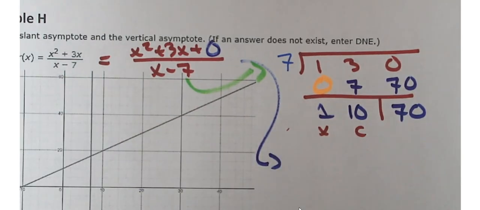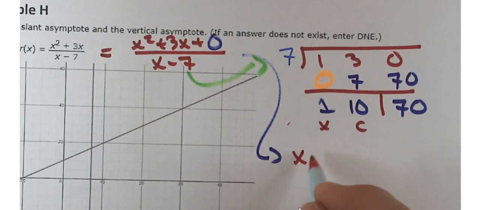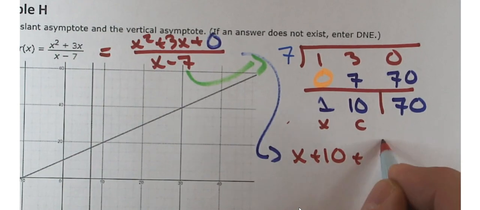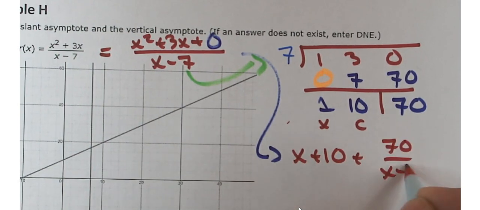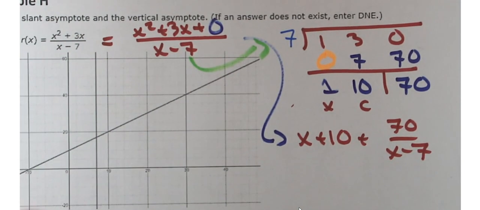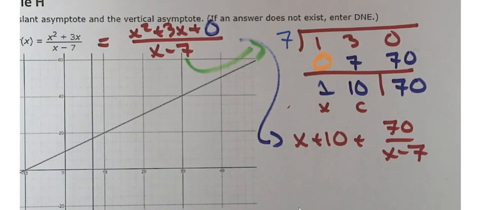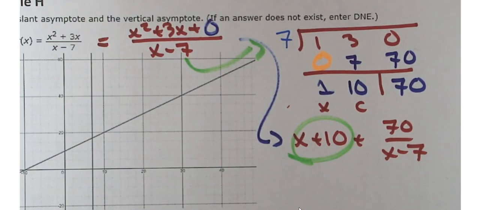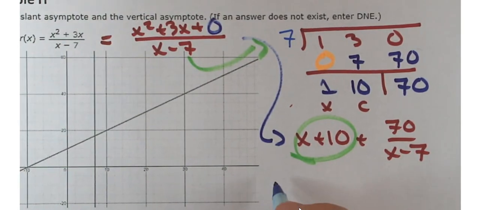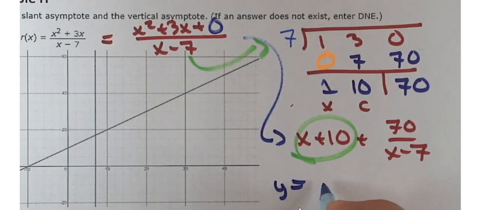So this turns into x plus 10 plus 70 over x minus 7. But this part of it right here, that's your slant asymptote. y equals x plus 10 is the slant asymptote.